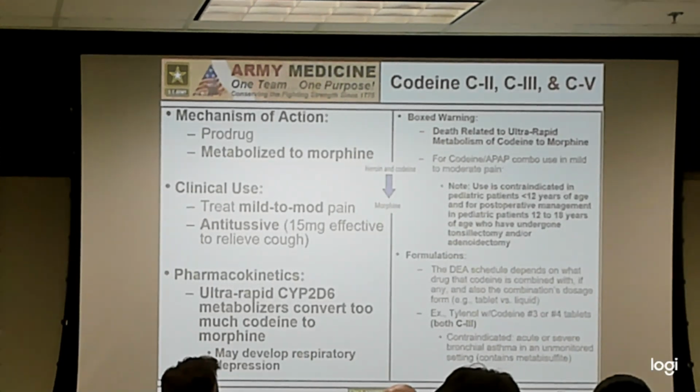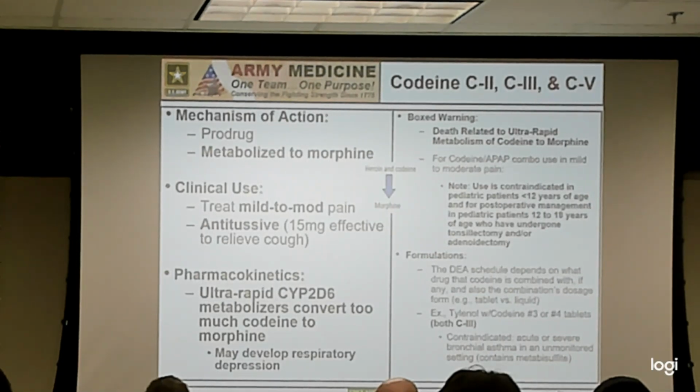If they are between the ages of 12 and 18 and had a tonsillectomy or their adenoids removed, we are also not going to give it to them because of the risk of respiratory depression. So 12 to 17, tonsils, adenoids, less than 12, no. Both of those are no categories, so contraindicated. You can write your CI next to that.